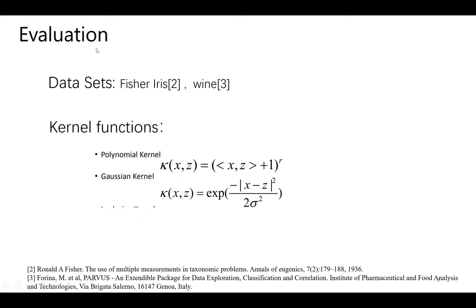And we do experiments to evaluate our proposed method. We use 2 datasets, fisher iris and 1 and 2 kernel functions, polynomial kernel and Gaussian kernel. In the polynomial kernel function, there is a parameter gamma, and the Gaussian kernel has a parameter sigma.